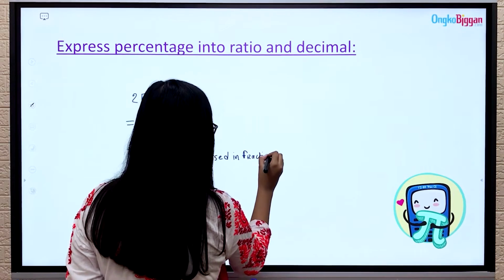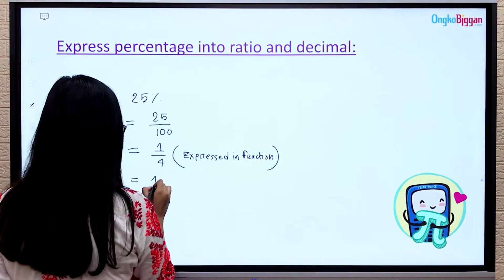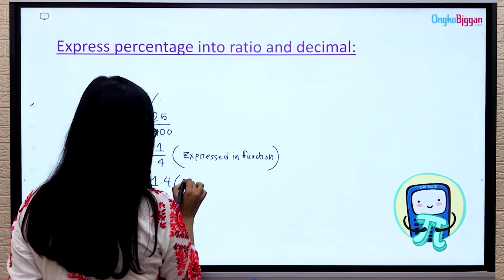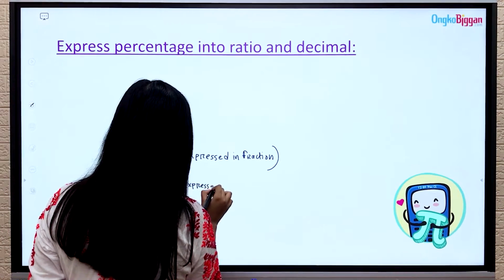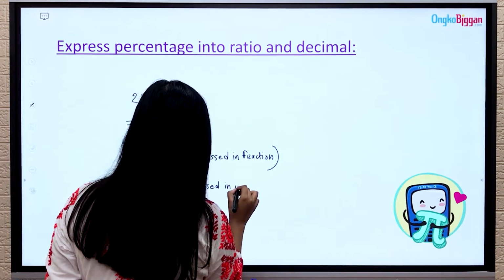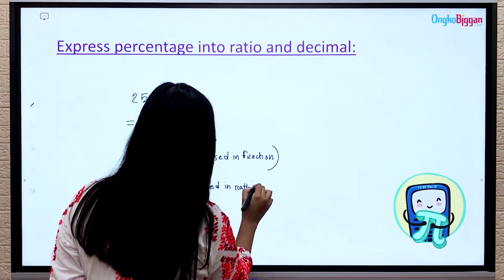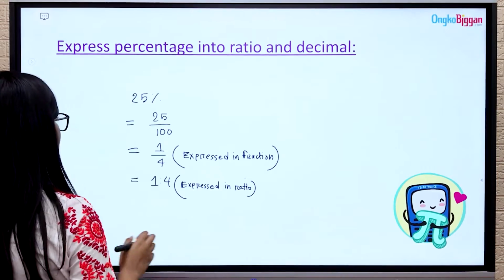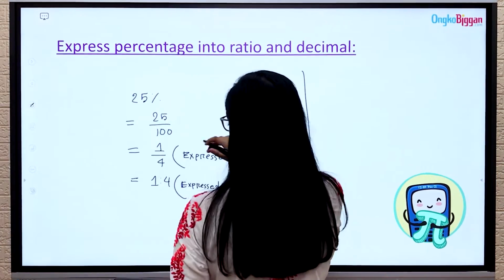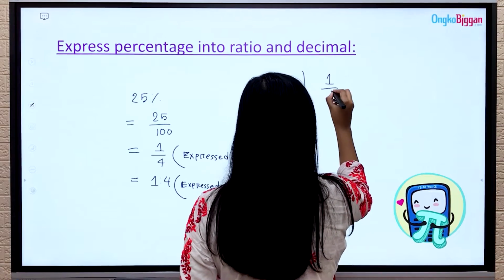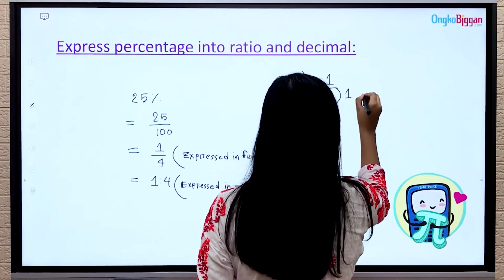Okay. And from the fraction, we can write 1 is to 4. That is expressed as a ratio. Now, for decimal, we will directly divide the fraction, in this way.